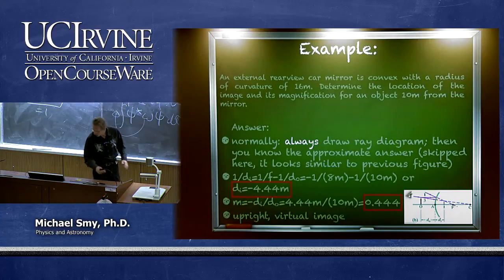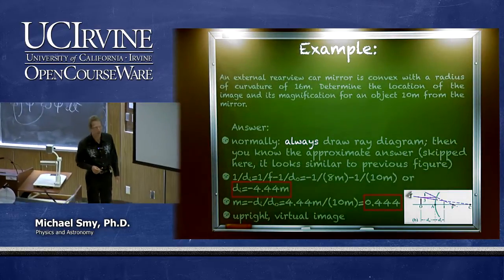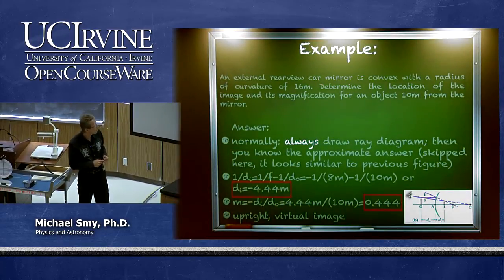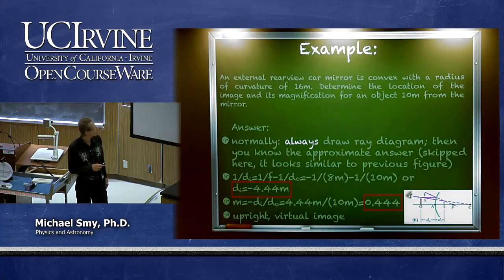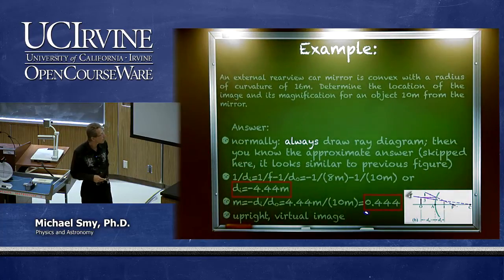And even though we had the rule that you should always draw a diagram, in this case it is difficult to do so because of the scale of the problem. It kind of looks like the ray diagram that we had just before, but it is difficult to draw it to scale.